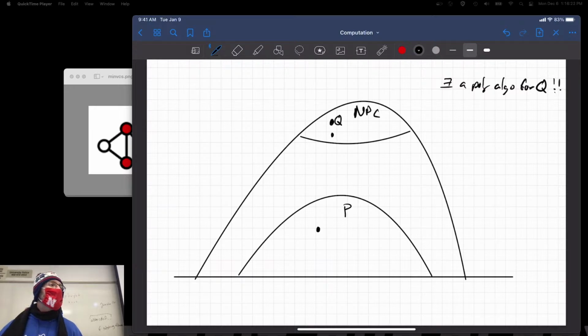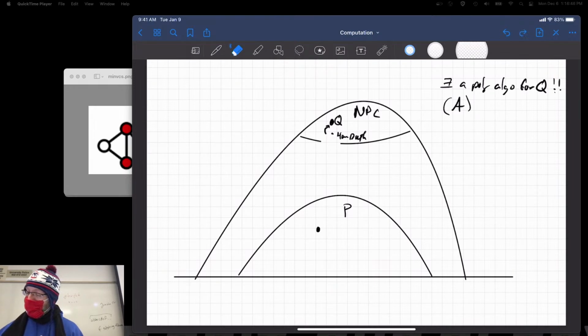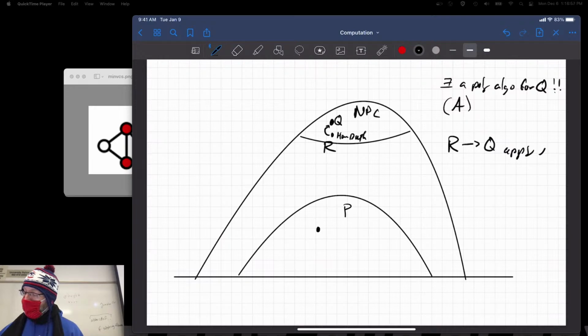That's a breakthrough, right? Now, suppose that I want to solve the Hamiltonian path problem. Because Q is NP complete, I know that the Hamiltonian path problem, Ham path, reduces to it. Now apply this algorithm A here: transform R to Q, and then apply A to solve R. And you've solved the Hamiltonian path problem.